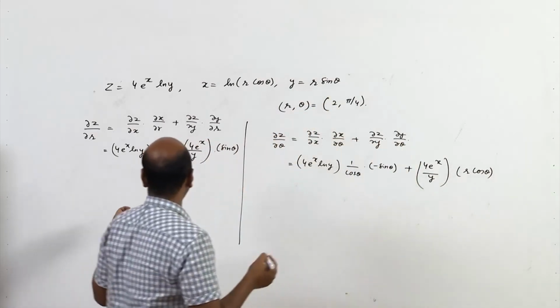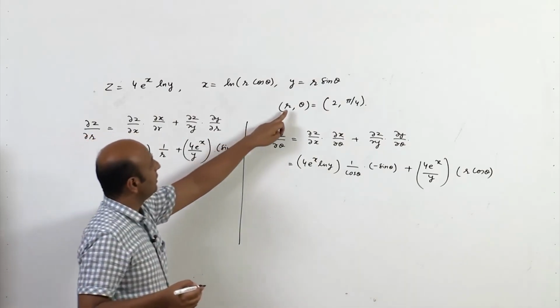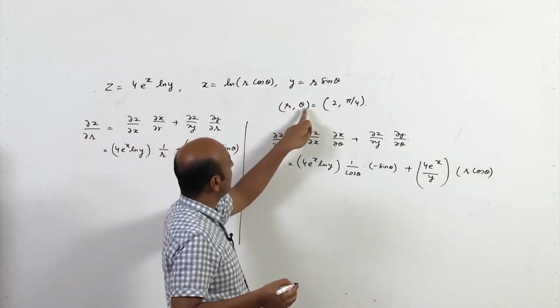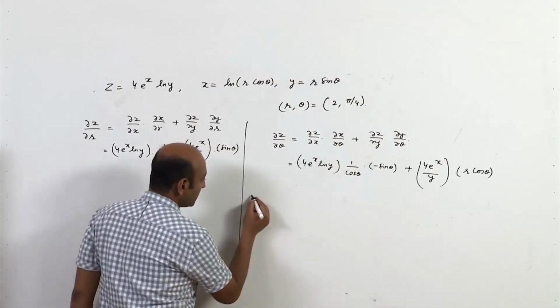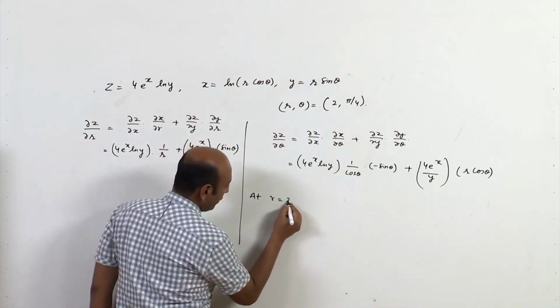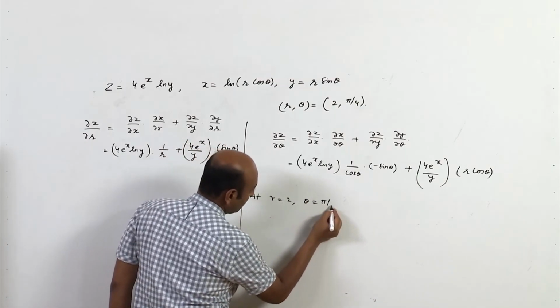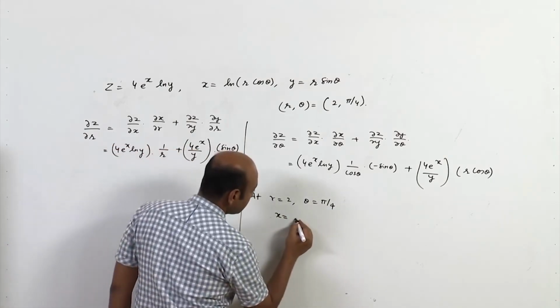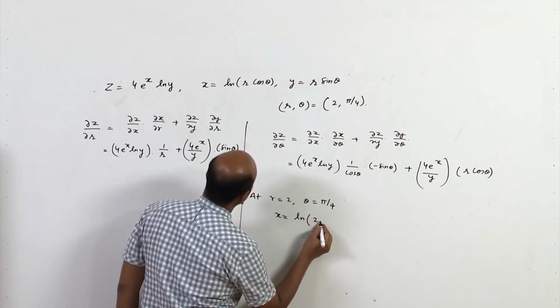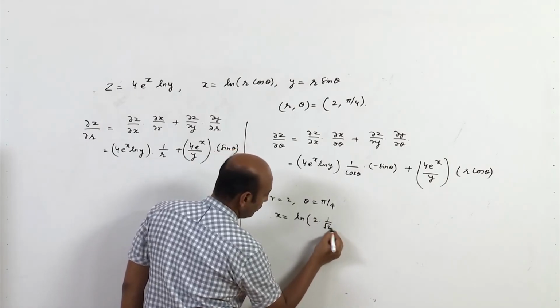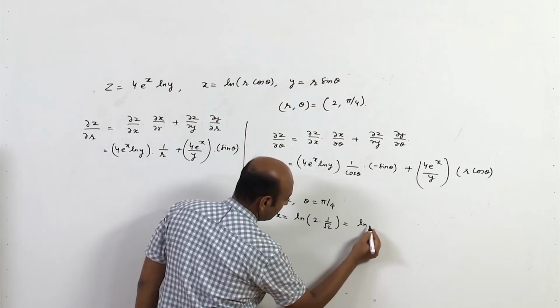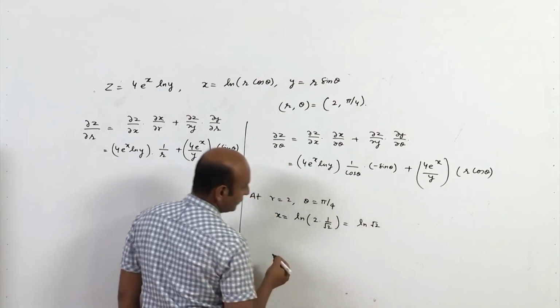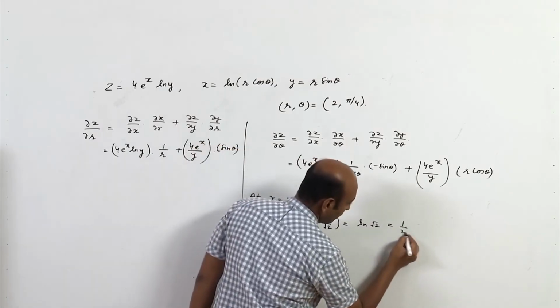So, now you can easily compute these values at r equal to 2 and theta equal to pi by 4, because at r equal to 2 and theta equal to pi by 4, x is ln 2 into 1 by under root 2, which is ln under root 2, that is 1 by 2 log 2.